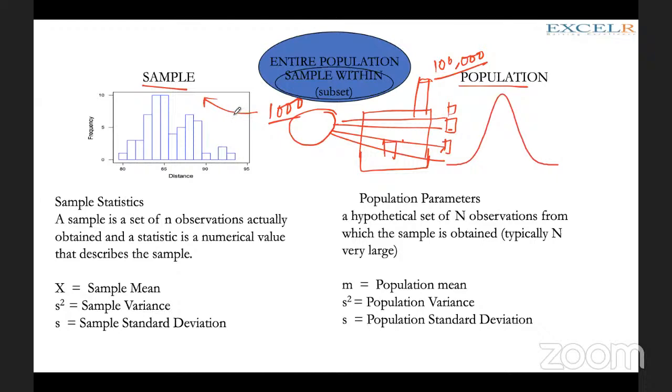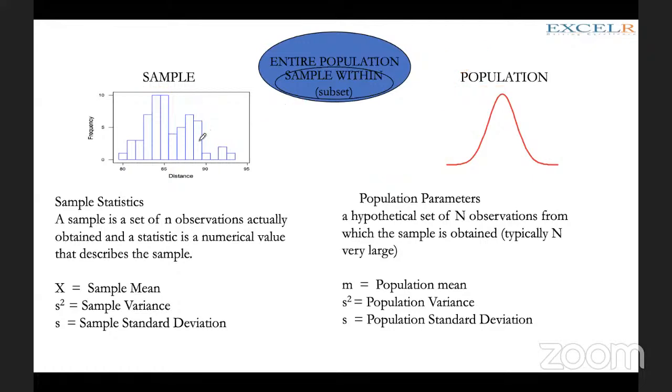Okay. Then why do we actually have these two different terms? Why do we have to take the sample? What is the necessity for that? Let's say, for example, let us take a hypothetical situation wherein we are producing some pens. A pen manufacturing company has got an order from a client.